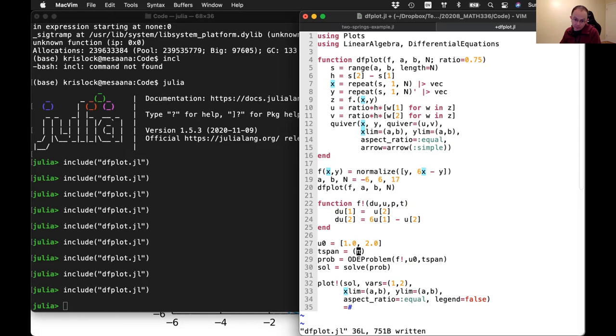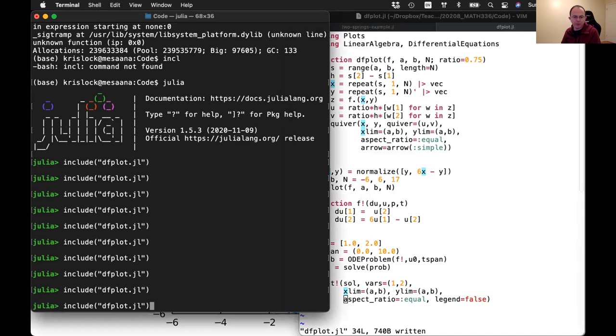Oh, but the initial condition is 1, 0. So I guess I do have to start at 1. Not sure how to get around that. Okay, well, let's plot this.